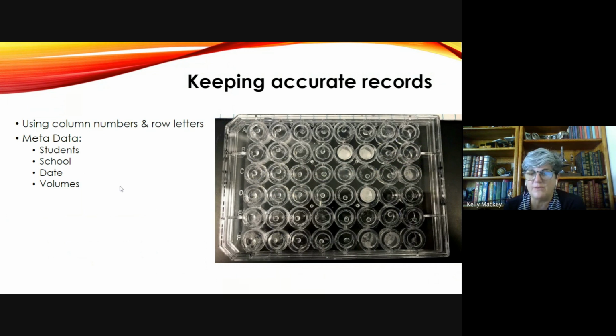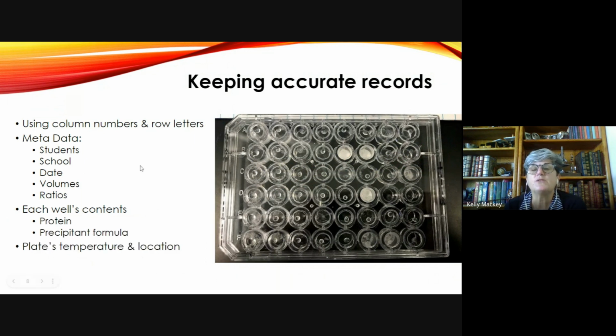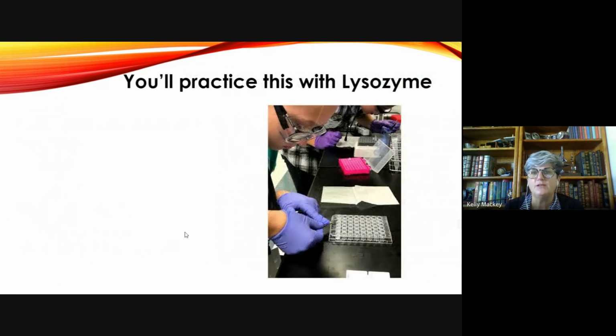The volumes of everything that you use, the ratios of everything that you used, and then each well's content. So this is all what we call metadata about each and every one of these wells, and it's important to keep track of it.